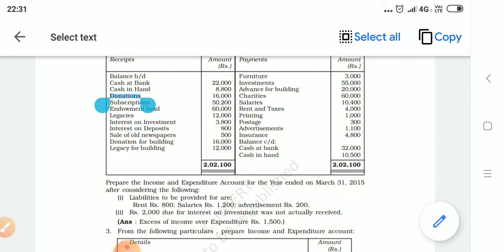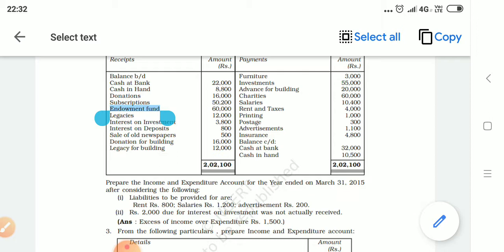Endowment fund. Now endowment fund is actually a specific fund, which means it is for a specific purpose. And what is this endowment fund? You might have seen in morning assembly children getting certificates, scholarship awards for merit, school first, school second, school third.